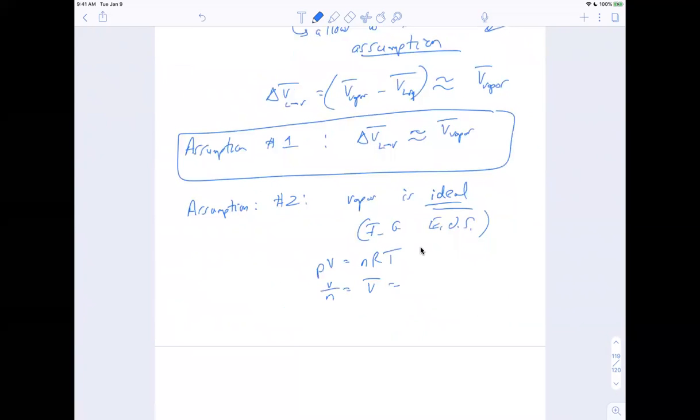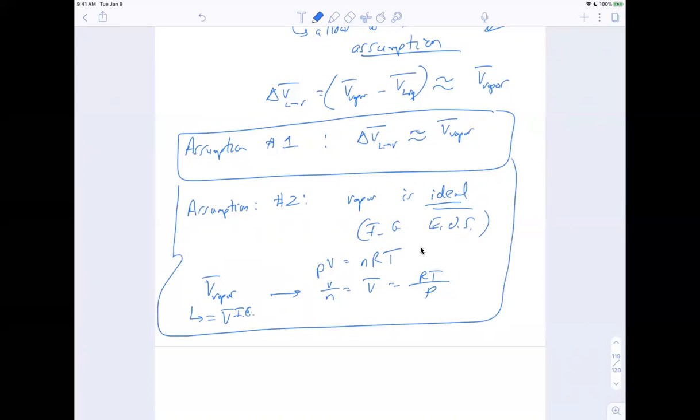And that's going to equal RT over P. Okay, and so this is now our V bar of the vapor, which is equal to V bar ideal gas, because we assumed that our vapor is an ideal gas. Okay, so now we can put this result into our expression for dP/dT. Okay, so in the case of a liquid vapor equilibrium, we can actually make some approximations here.